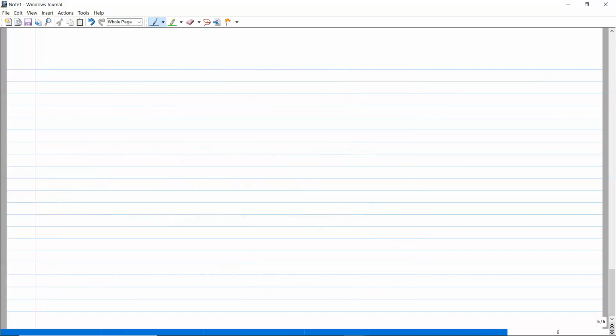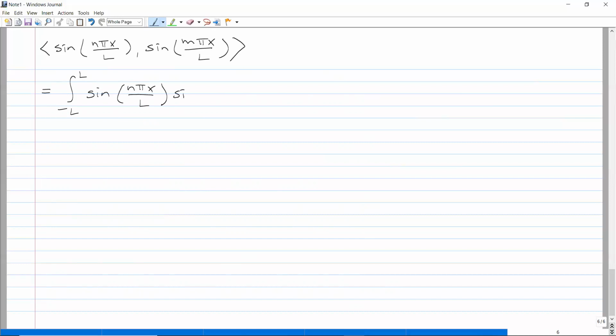Now, let's say I want to compute the inner product of sine n pi x over L and sine m pi x over L. So this is the integral from minus L to L of sine of n pi x over L sine of m pi x over L dx.